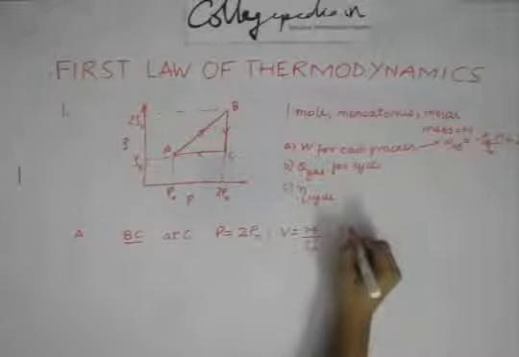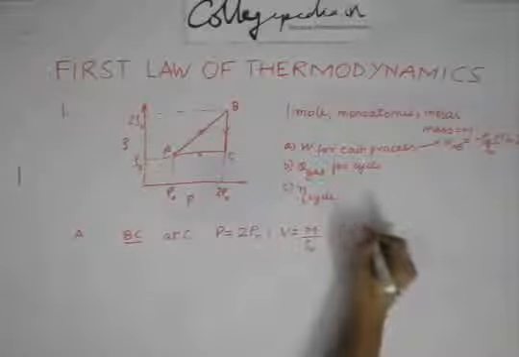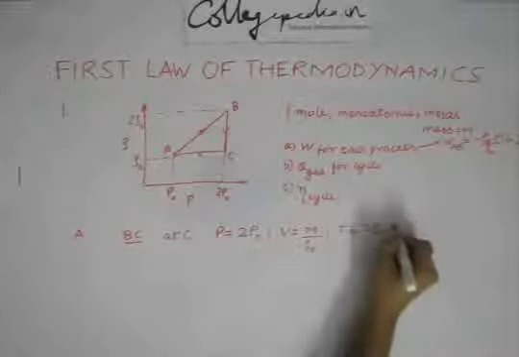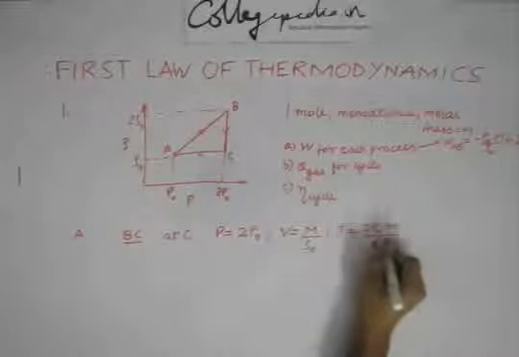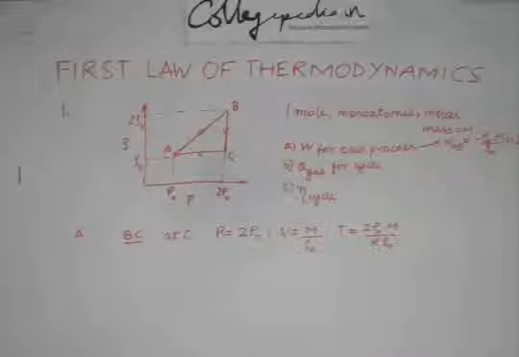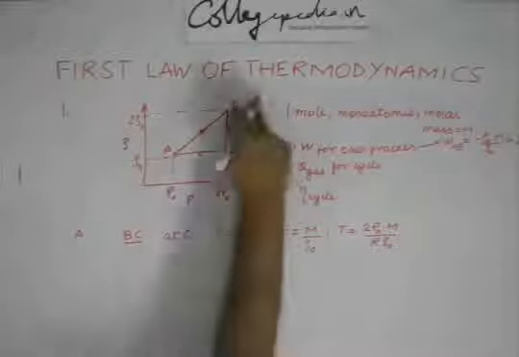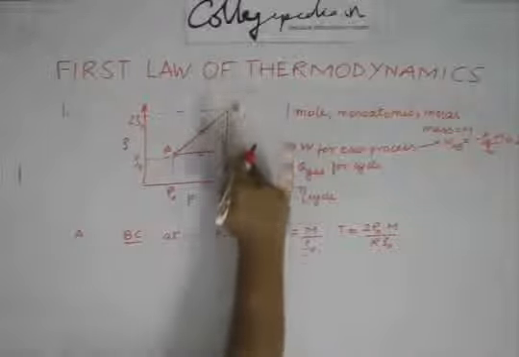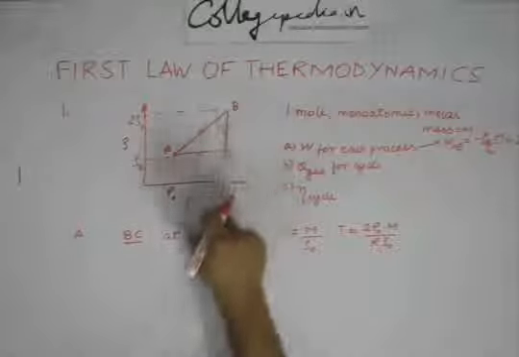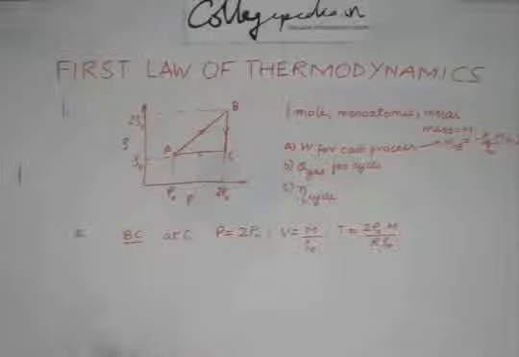The temperature of the gas is going to be 2 P naught times M by R rho naught. So this is the state of the gas at C. The process B to C is clearly going to be an isobaric process because the pressure remains the same from B to C.